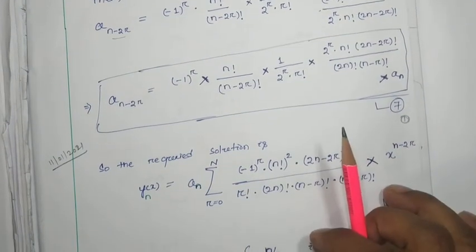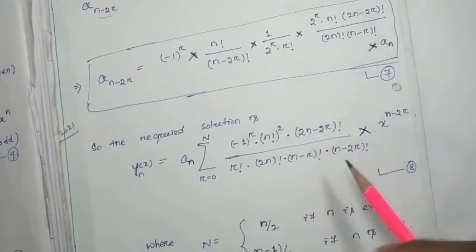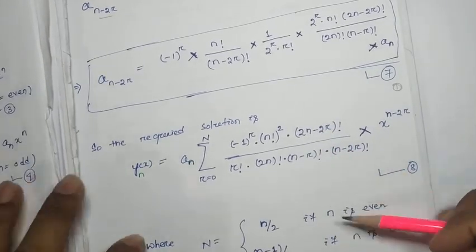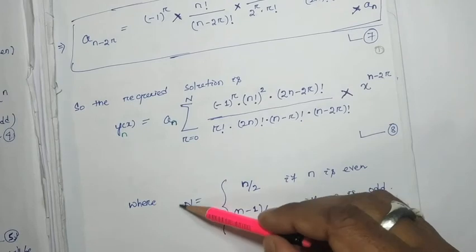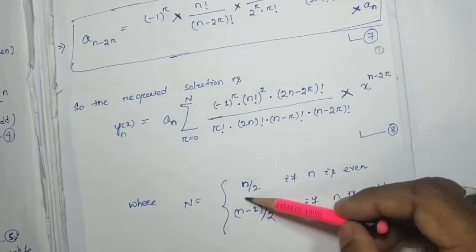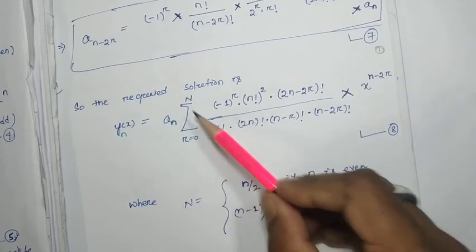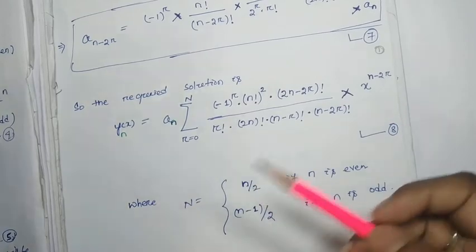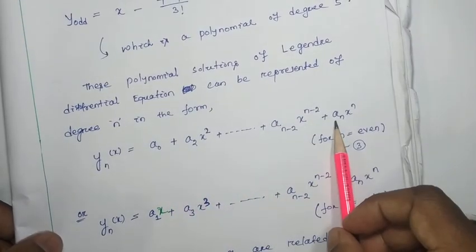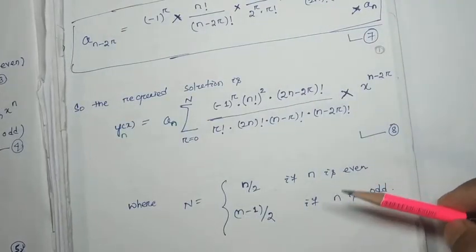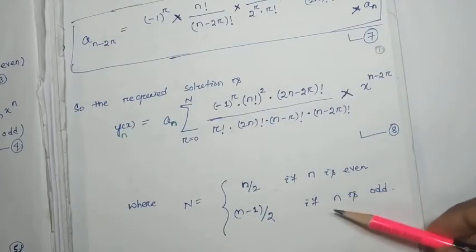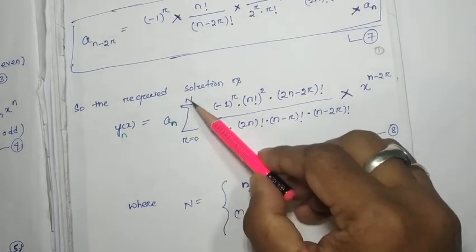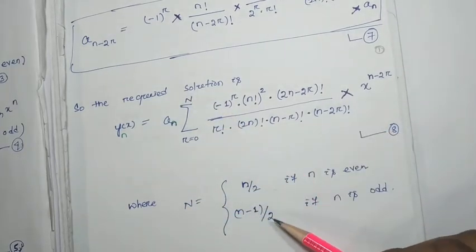How? You can just check that if we consider n to be even, then this capital N will be n by 2. That means r will vary from 0 to n by 2. And you just consider this one for the even case and you can get this series. And if n is odd, then capital N will be (n minus 1) by 2.